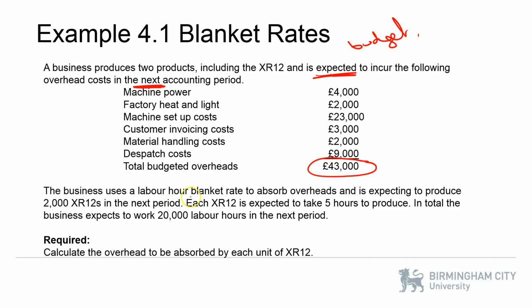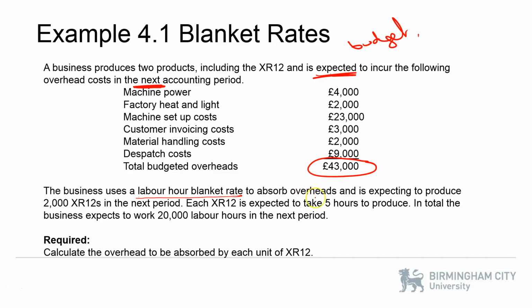The business uses a labour hour blanket rate. So if we think about what that means, they're using one overhead absorption rate for the whole business, and the fact that it's a labour hour rate tells us that we need to divide our overhead by the labour hours.